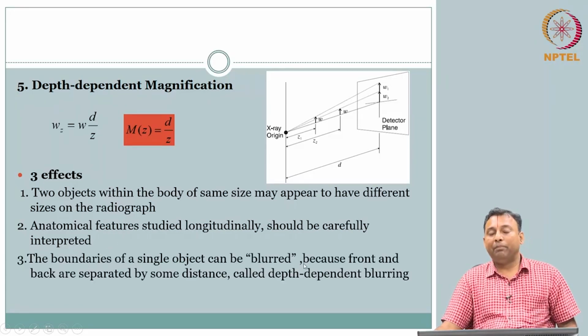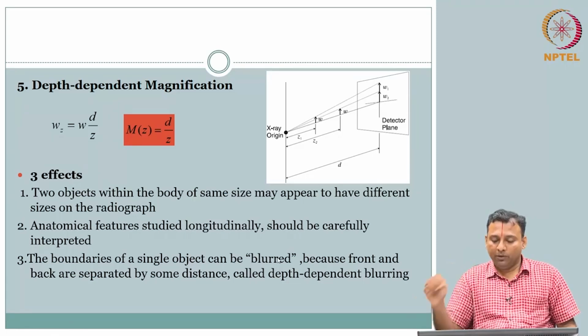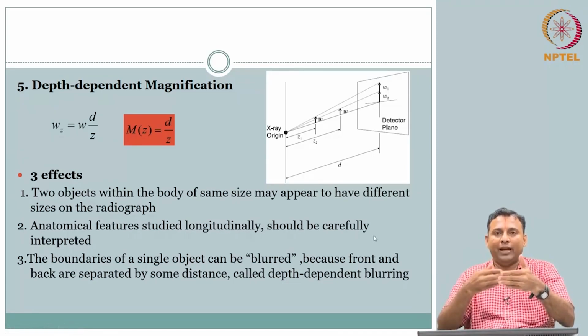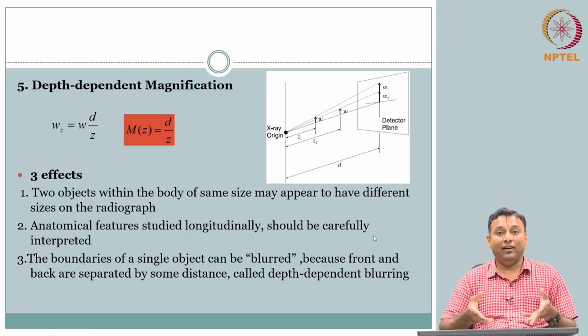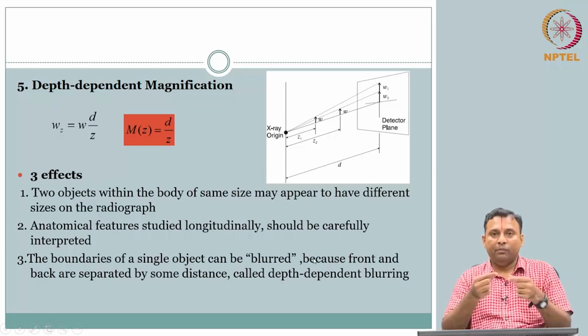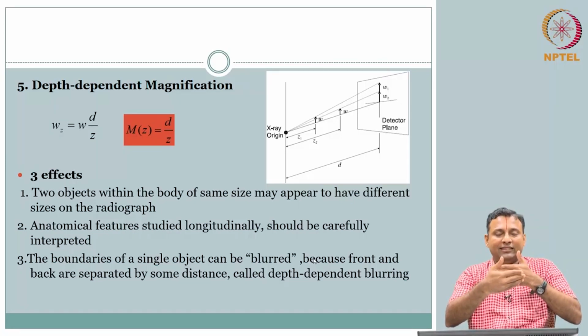Then, this is a bigger problem: boundaries of a single object can be blurred. How is that possible? Because you have a 3D object, you have a front end and you have a back, right? There is a thickness; you talk about the slab, right? Now what this is saying is, the front face of the slab is at one distance and the back face of the slab is at another distance.